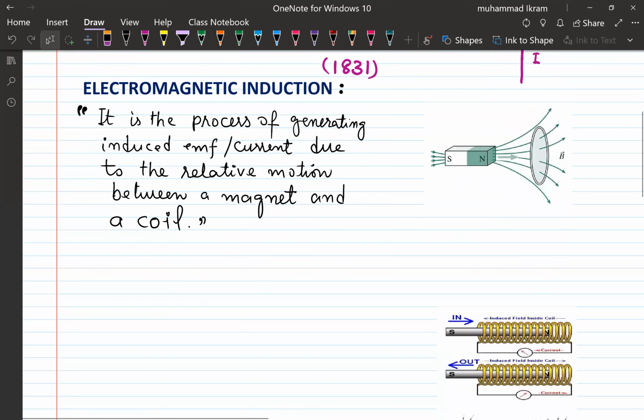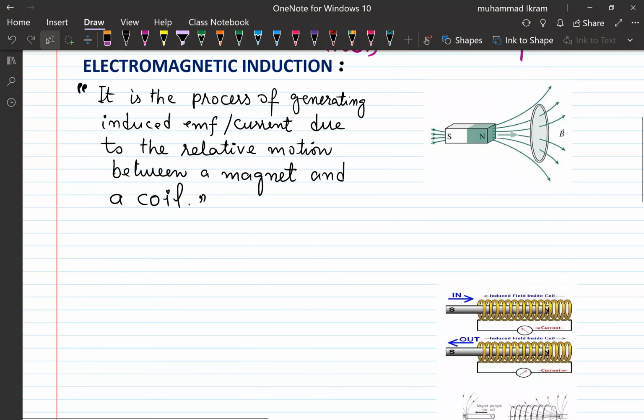So electromagnetic induction is in fact the process of generating induced EMF or current due to the relative motion between a magnet and a coil.